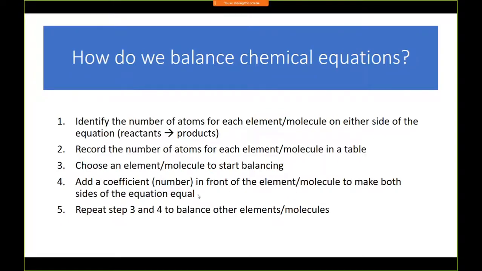Then you can compare the before and after, or the reactants and the products. If there's no match, if it's not balanced, then you repeat steps 3 and 4 until it's fully balanced.